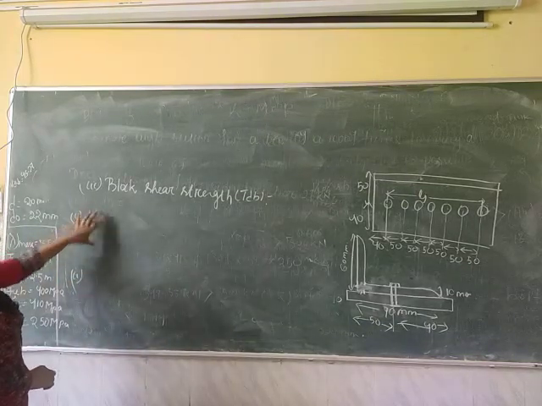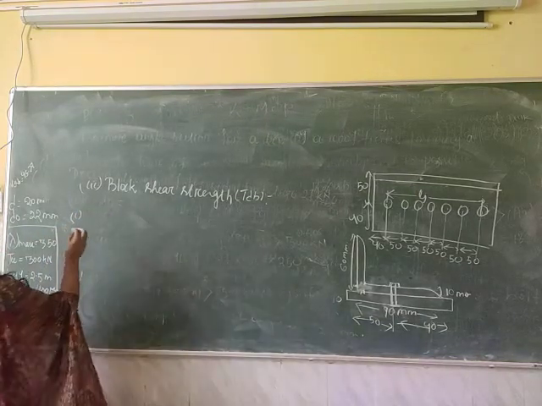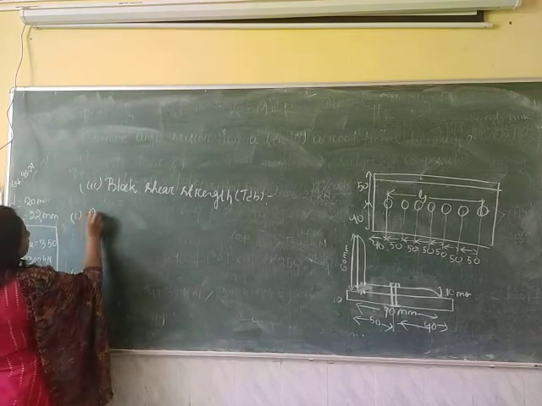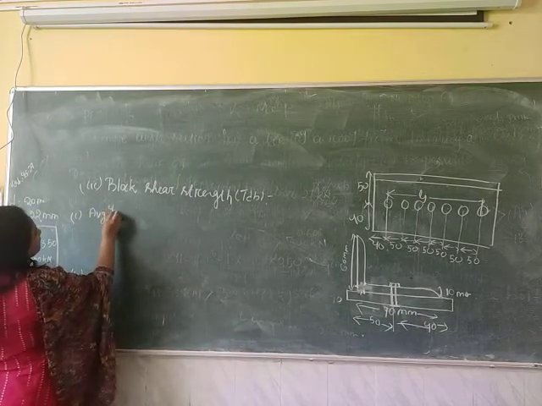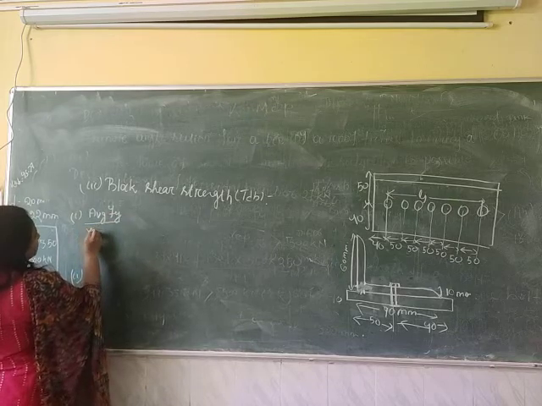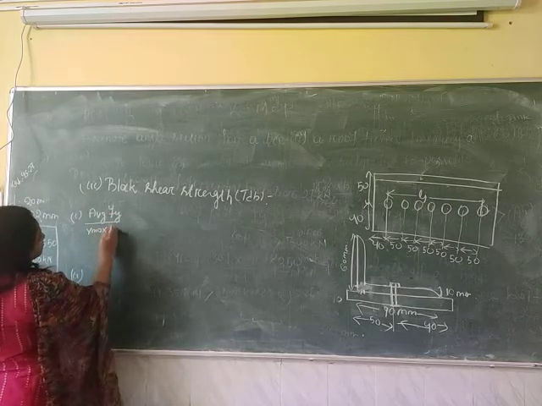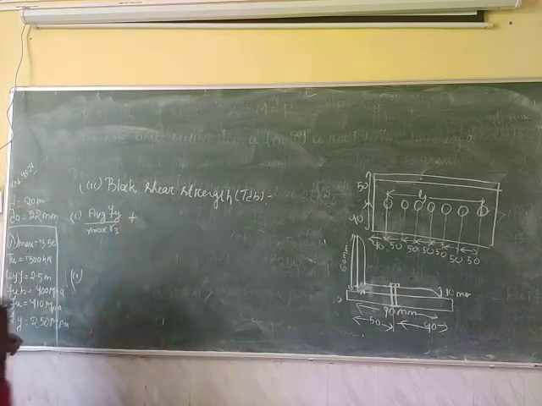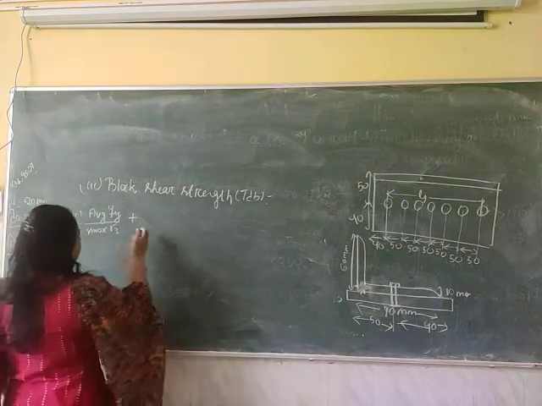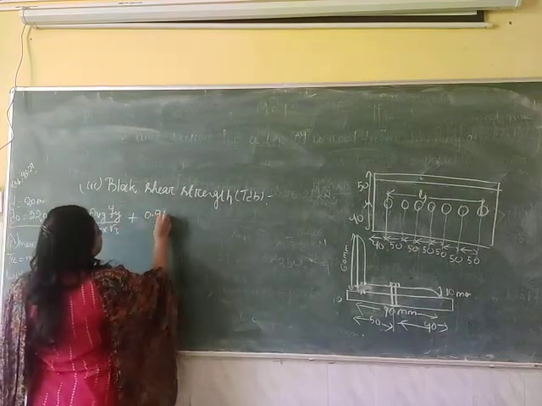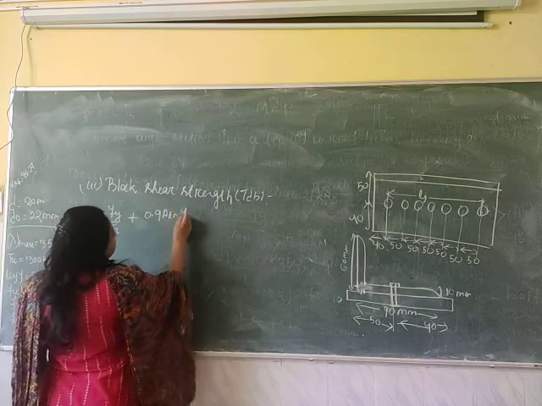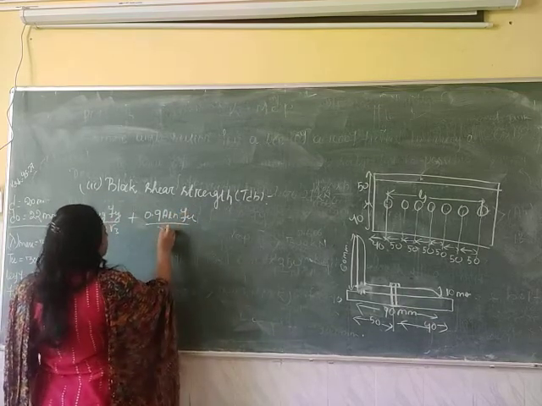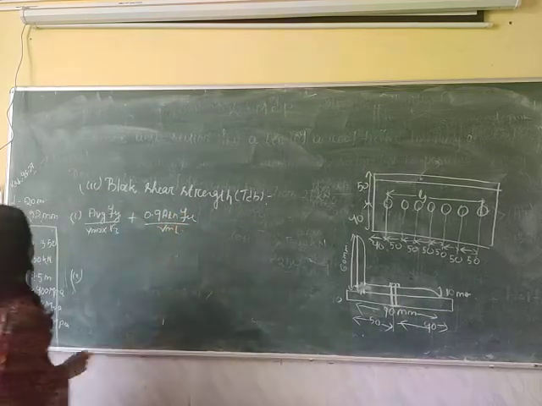yielding of the shear plane, that is Avg into Fy divided by gamma m0 into root 3, plus rupture of the tensile plane, that is 0.9 into Atn into Fu divided by gamma m1.